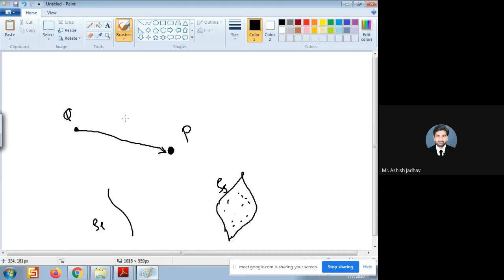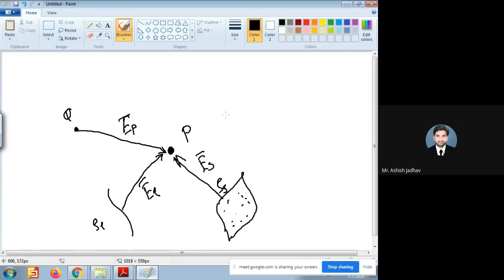Then you would be able to find E bar P, EP bar, right? So this is the electric field intensity because of point charge. Then you need to find the electric field intensity because of line charge, that is EL bar, and then you can find the electric field intensity because of this surface charge, that is ES bar.